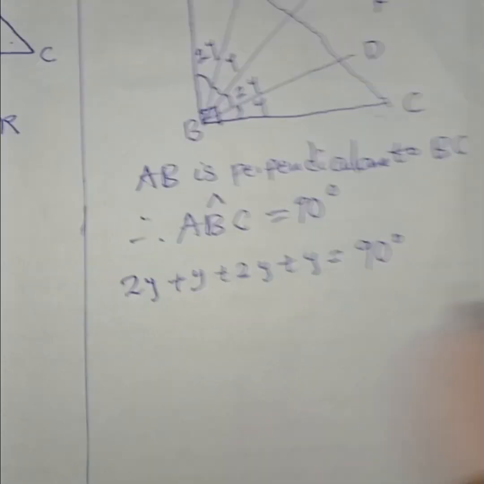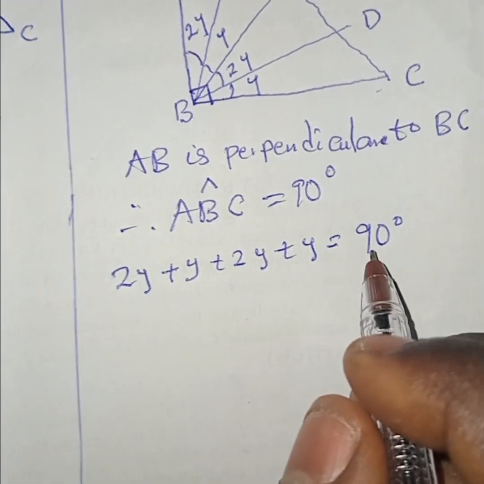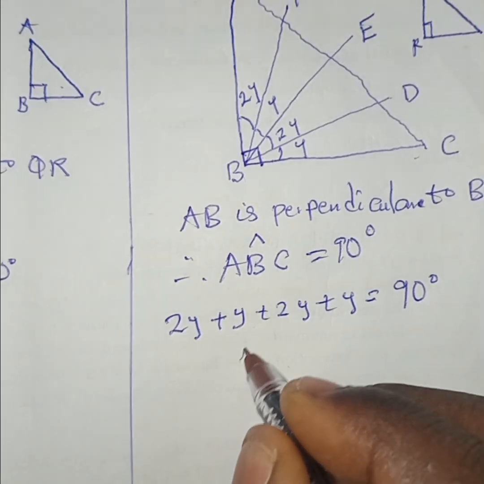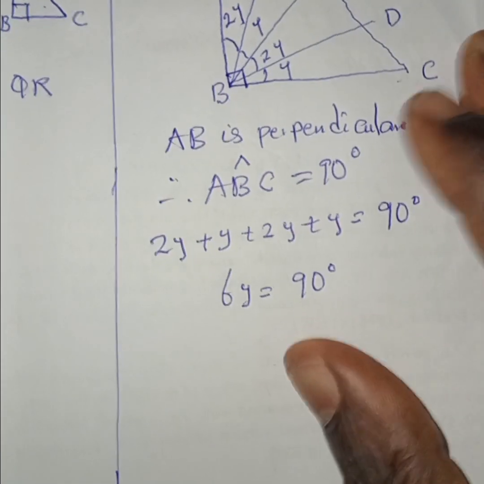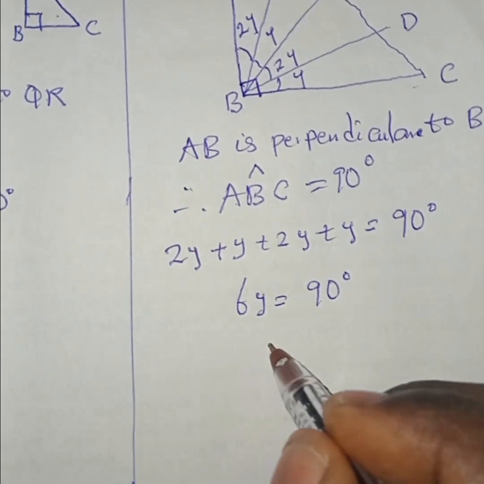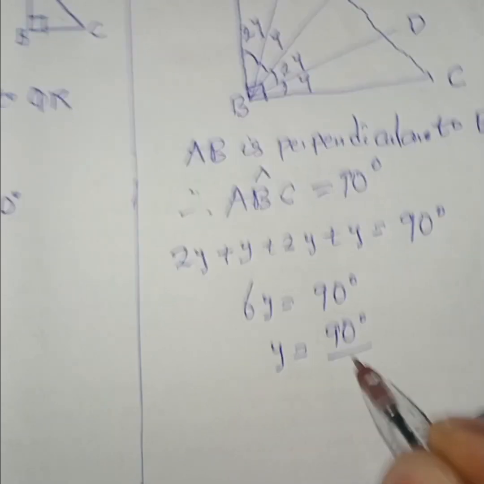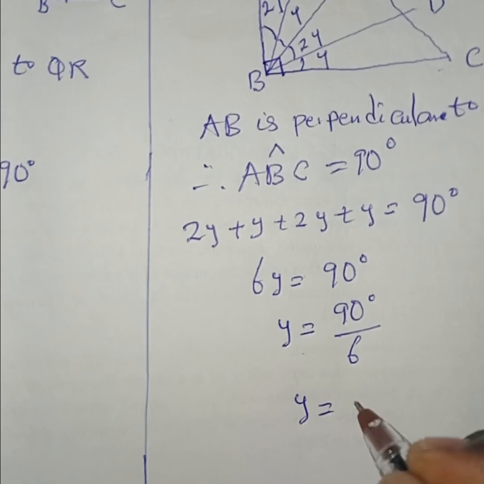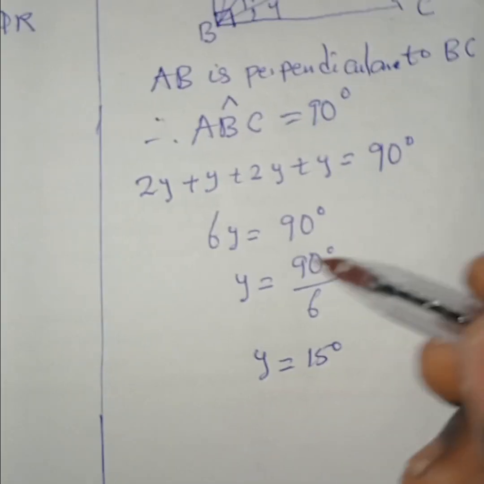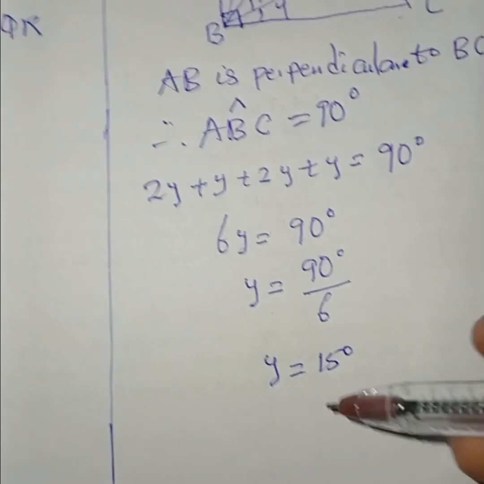So 2y plus y plus 2y plus y will give you 6y, which is equal to 90 degrees. Remember, we are looking for the value of y. So y will give you 90 degrees all over 6. So y is equal to 15 degrees. You can confirm it with a calculator. 90 over 6 will give you 15. So this is our final answer.